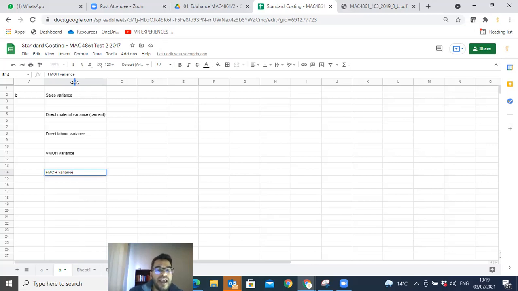So I know I need a quantity variance and a price variance. For sales, I need a quantity variance and a price variance. The terminology for quantity variance is volume variance. Then I have a price variance, and we can call it a price variance.